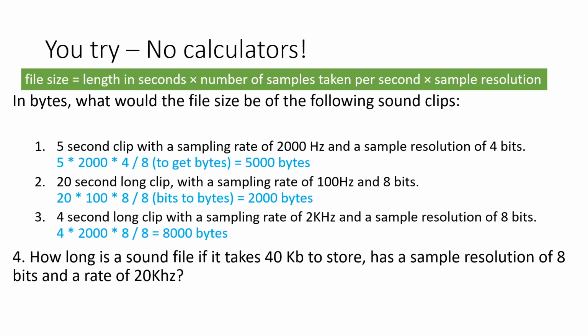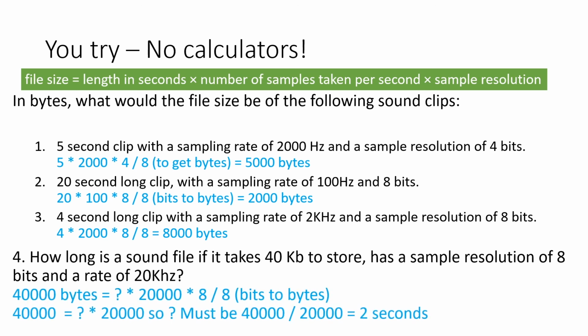This last question is a little bit trickier because it's going to try and get you to work out how long it is. So you know that the answer itself is going to be 40 kilobytes, which is 40,000 bytes, and then multiply that by 8 to get yourself bits. But use X or an exclamation mark or question mark to work out what it is.